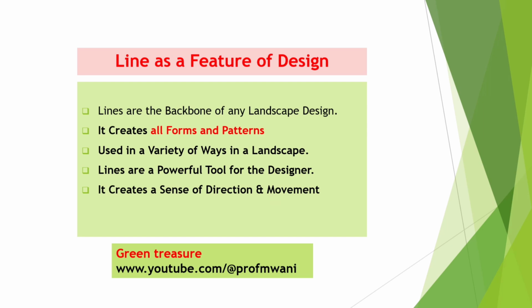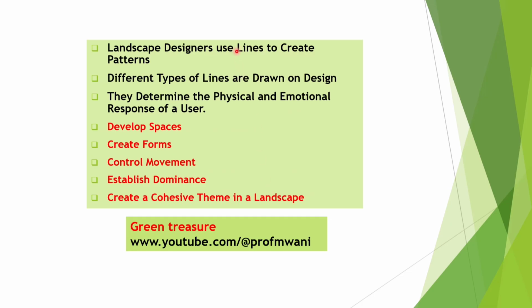So a landscape designer uses lines to create patterns. Different types of lines are drawn on a design. They determine the physical and emotional response of a user, because lines are used to develop spaces, make them pleasing, create different forms in a garden, control movement within the garden, and establish a dominance.